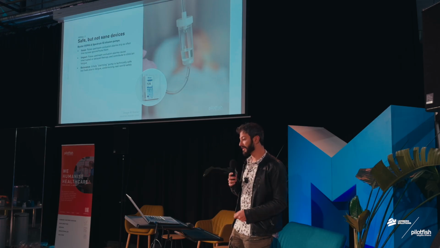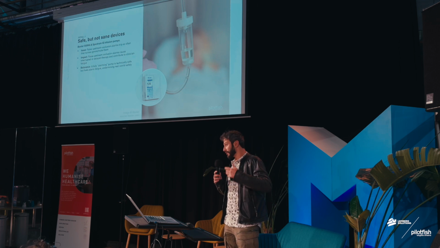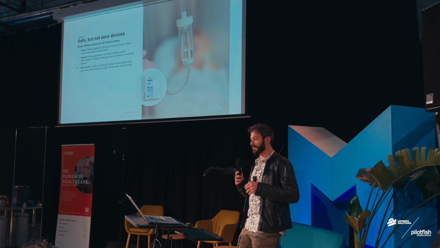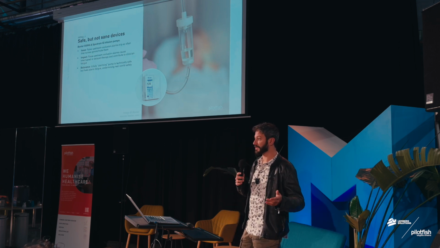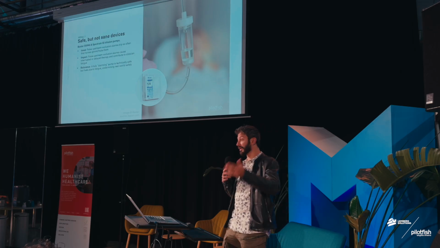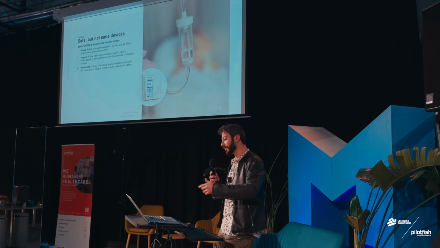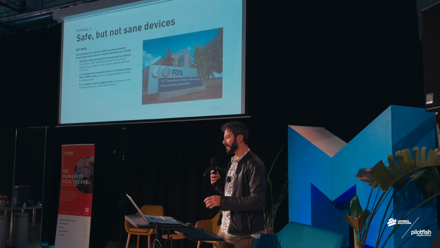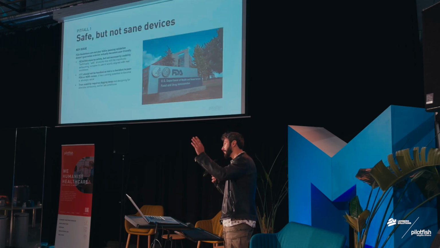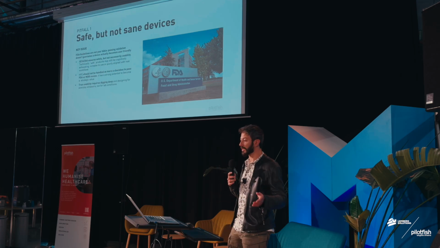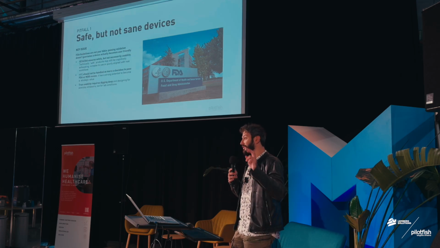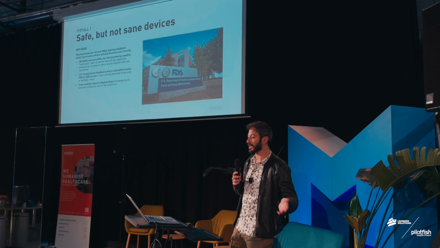It was made by Baxter, and they managed to make it so safe that it was flooded with alarms. And because it had so many alarms, there was alarm fatigue by the nurses, and they ended up rather just turning off the alarms to not be alarmed the whole day. Now you can imagine from a safety perspective, this is not really great. It's a device that passed the certification and it's considered to be safe, but it's not really a sane device.